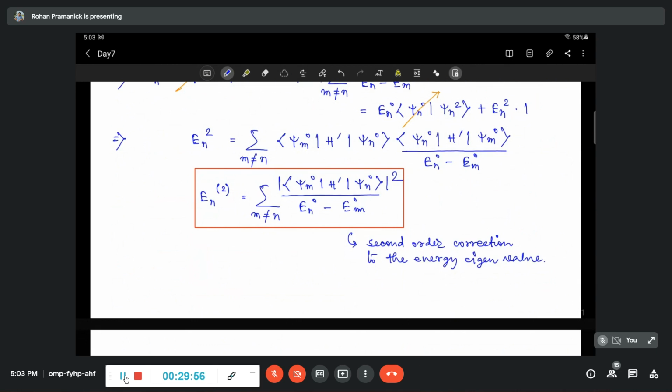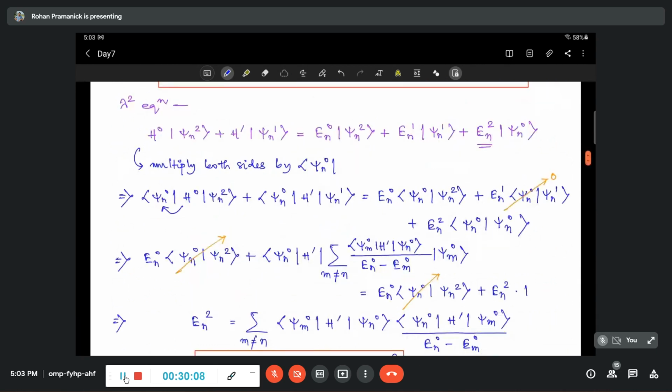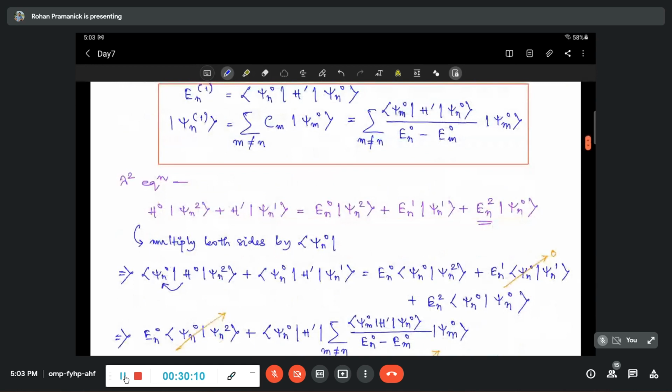before moving on, I will say that the energy eigenstate correction, so this psi n2, that also can be done using this procedure. You have this lambda squared equation, and you do all those things, where you first write what is the wave function in terms of orthonormal eigenstates.